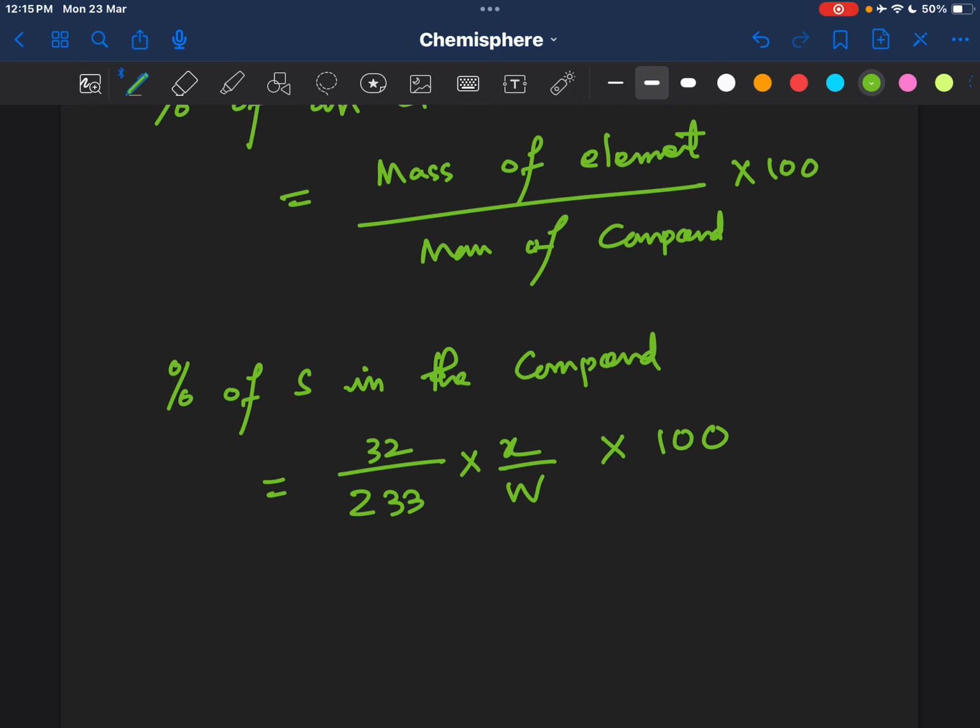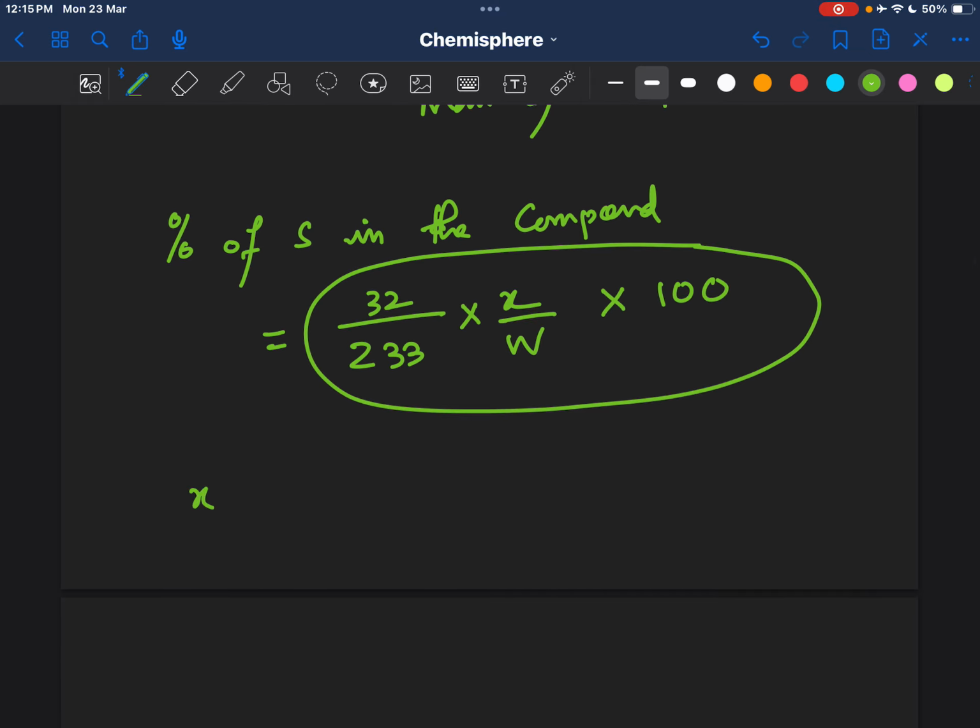This is the percentage of sulfur in the compound, the formula of the Carius method in estimation of sulfur. Now in the question, x, the mass of BaSO4, is given as 0.4813 gram, and W, the mass of the compound, is given as 0.314 gram.